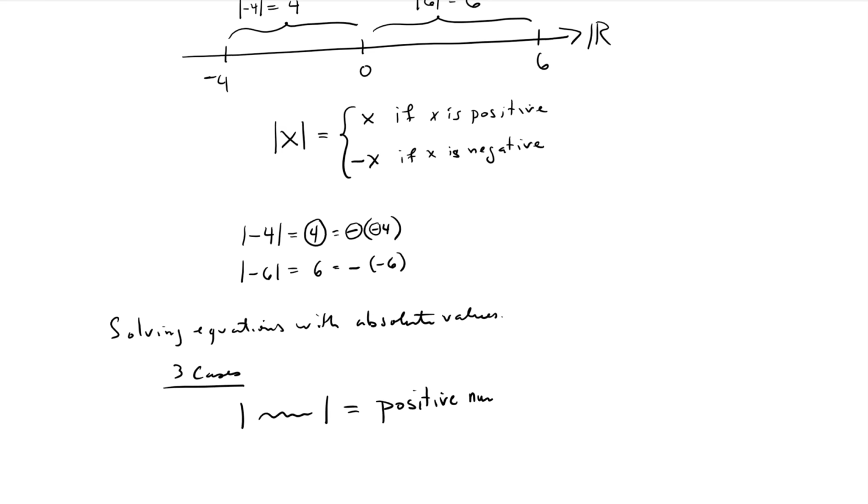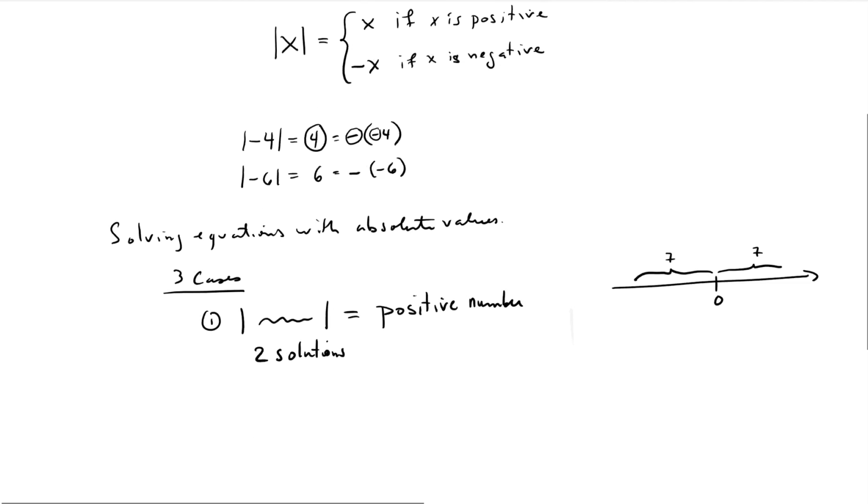Well, if it's equal to a positive number, that means that the distance to 0 is positive. So there are 2 numbers that can satisfy this. So let's say that number is 7. I have 2 numbers that are a distance of 7 to the origin. So in this case, case 1, I have 2 solutions to this equation.